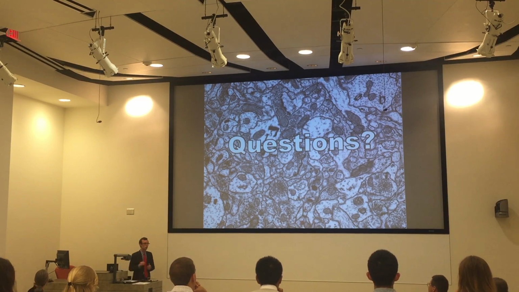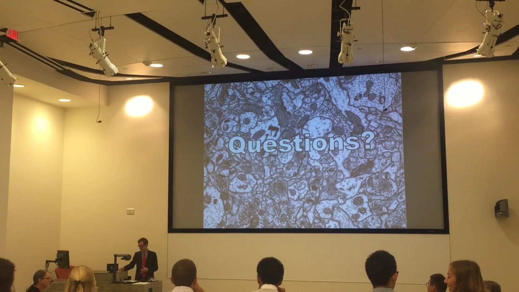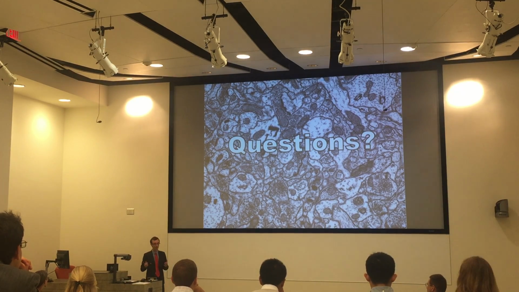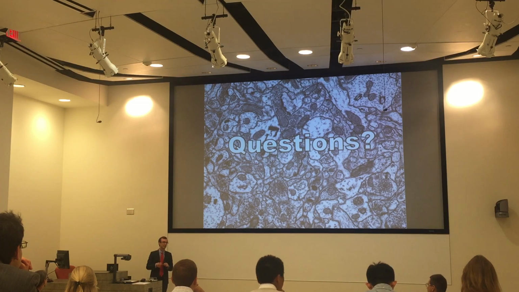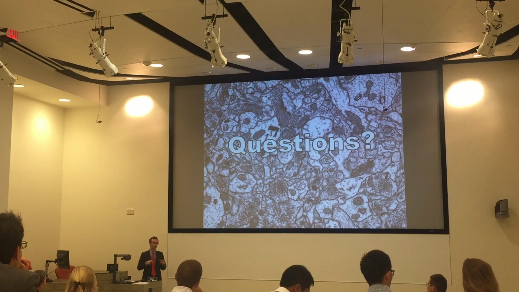Yes. How do you define the inhibitory synapses versus the excitatory synapses? Oh, okay. So the inhibitory synapses are usually found on the shaft of the dendrite, whereas the excitatory synapses are usually on dendritic spines.